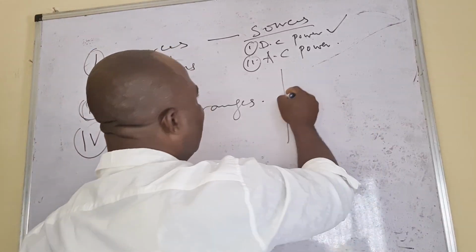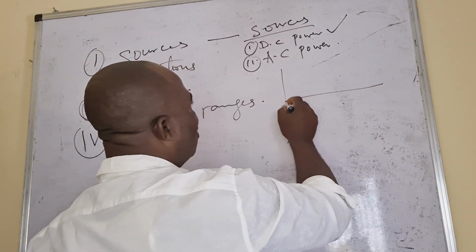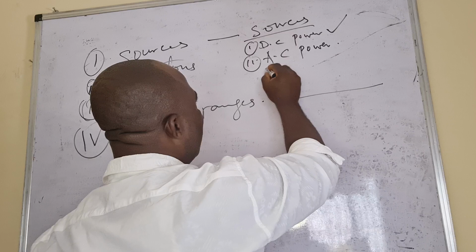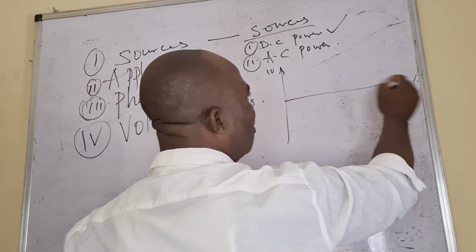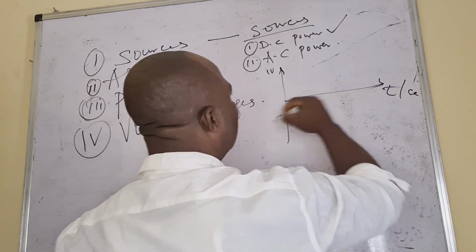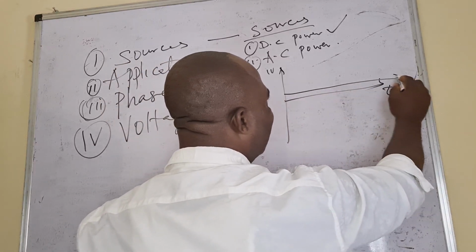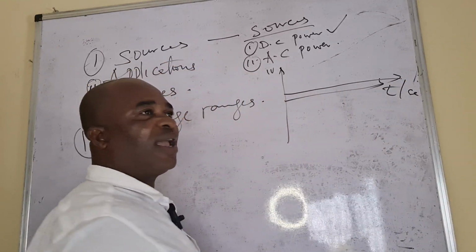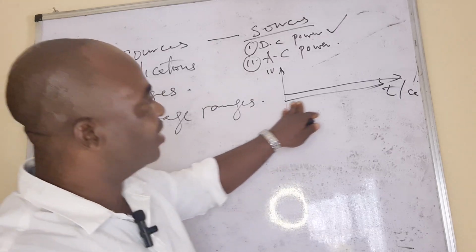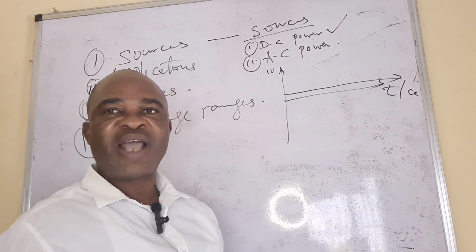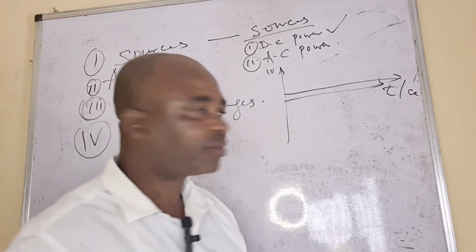For example, in this diagram, you can see, assuming here is our I-V, this is our function of time in seconds, then you can see it flows in a very straight line, in one direction, and it's not sinusoidal.